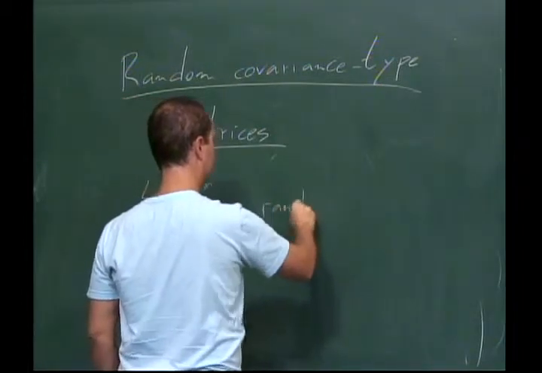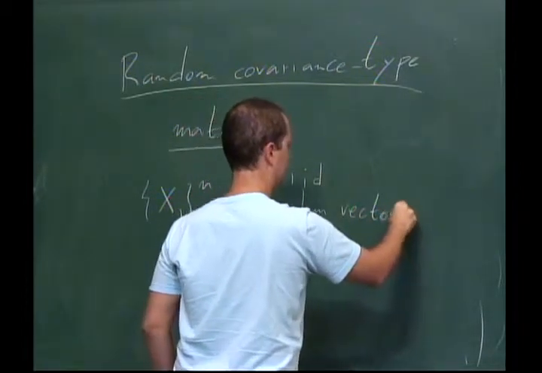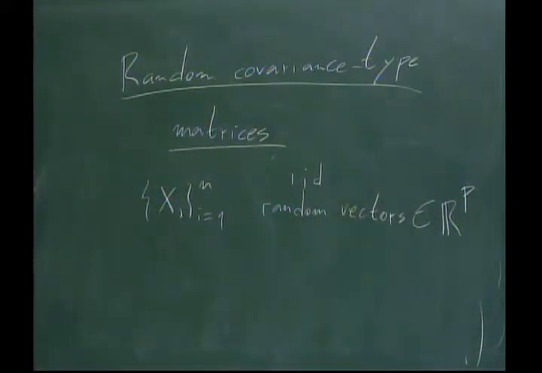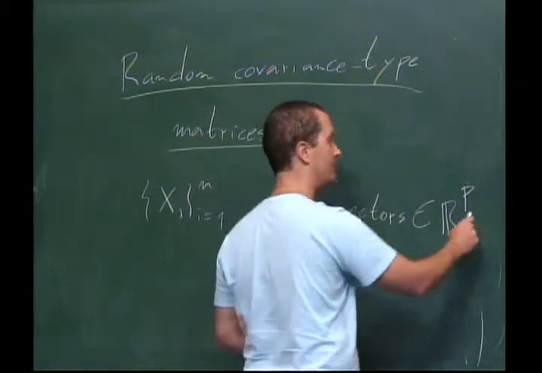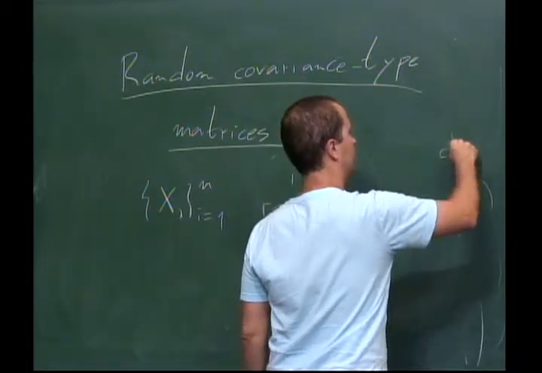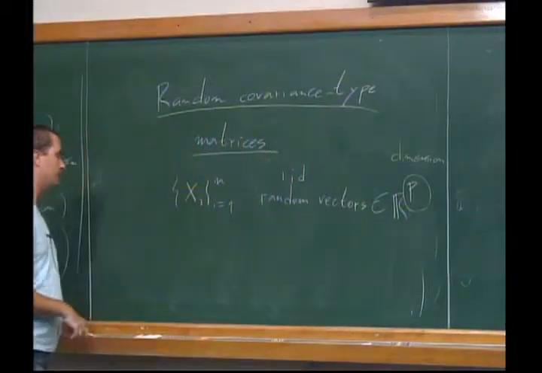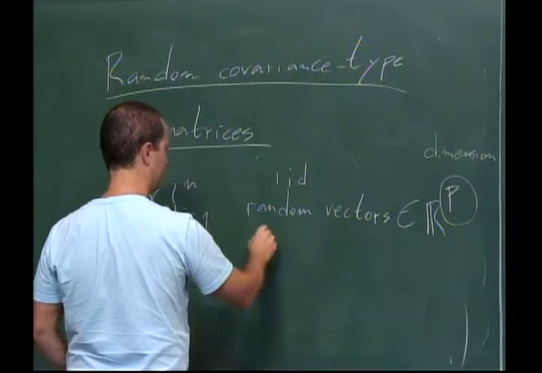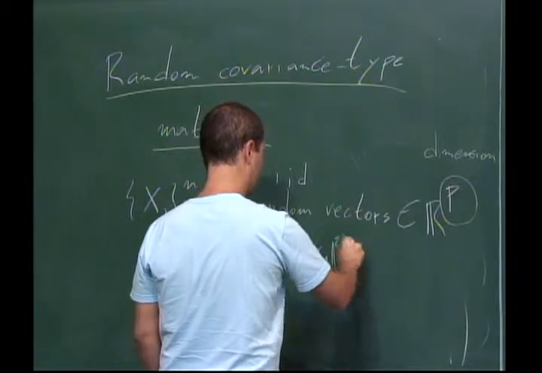They're random, let's say they are IID random vectors in R^p. P is just a dimension. Statisticians like using the letter p for the dimension. I'm not entirely sure what the reason for that is, but this is the dimension. And we're always going to assume they have finite second moments, so that, for instance, the norm of x1 squared is finite.